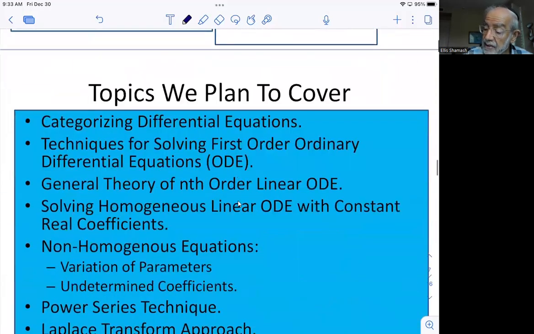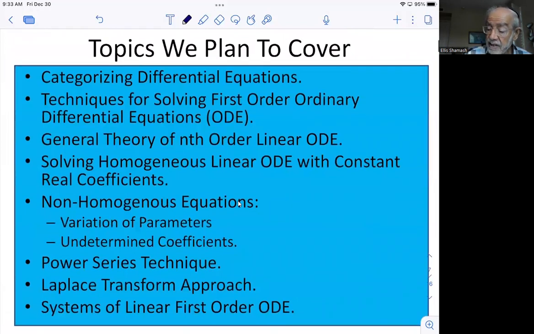So the topics we plan to cover start with characterizing the differential equations that we summarized over there, and looking at how we can solve a first order differential equation like we did in example 1. Then we look at the general theory of solving an nth order equation, not just first order, but second or third order or more.